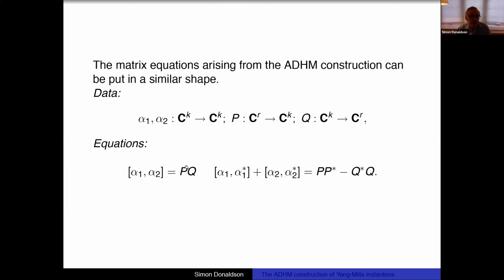Roughly, if you did an approximate calculation on R4, you would get the equations without the P and Q, but the P and Q arise because there are certain contributions from boundary conditions, the boundary terms at infinity in your calculation.